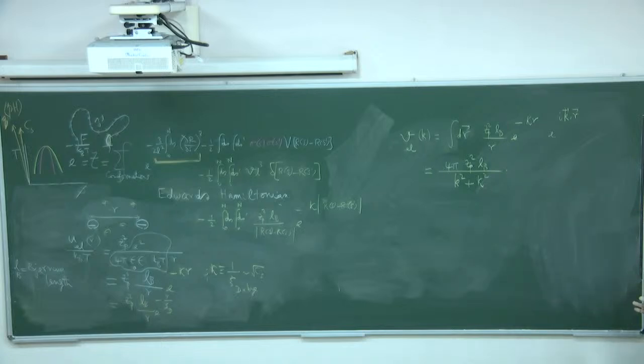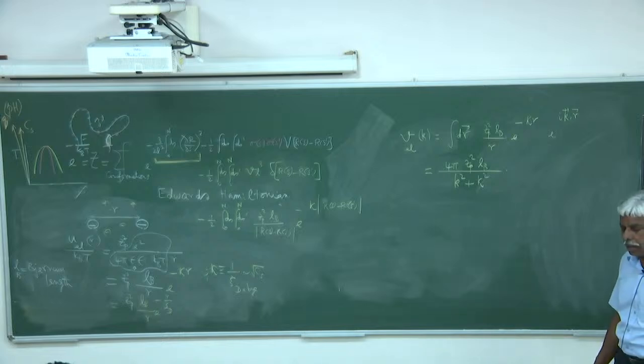The reason I am doing this in Fourier space is the following. Suppose k times the Debye length is small. The Debye length is the reciprocal of kappa, right? That means kappa is large.